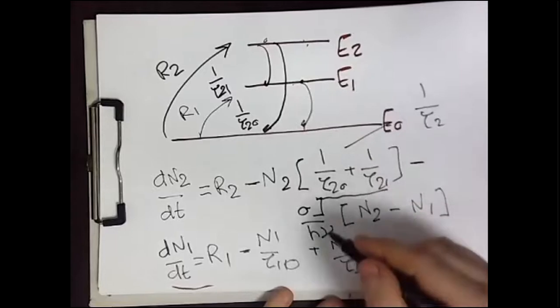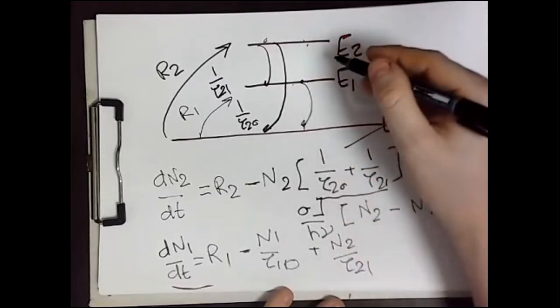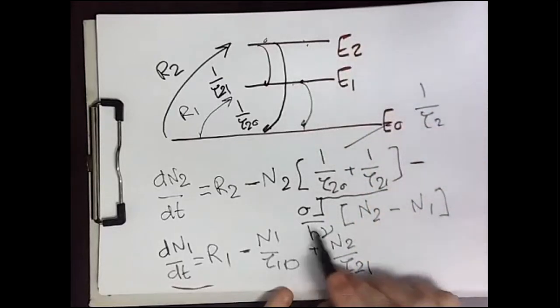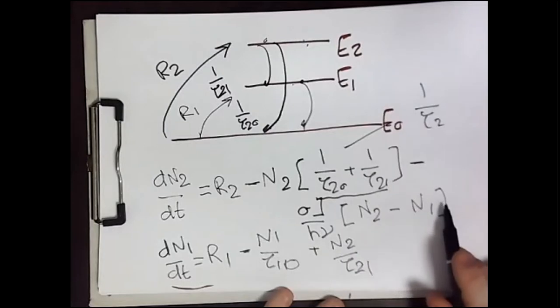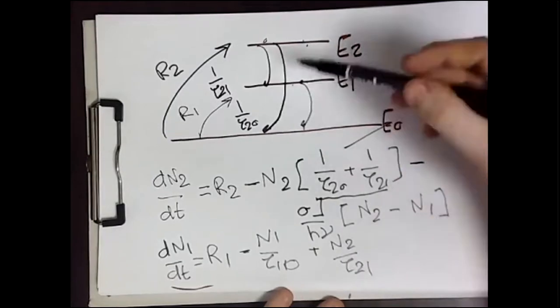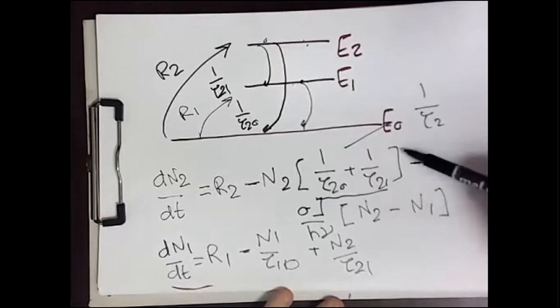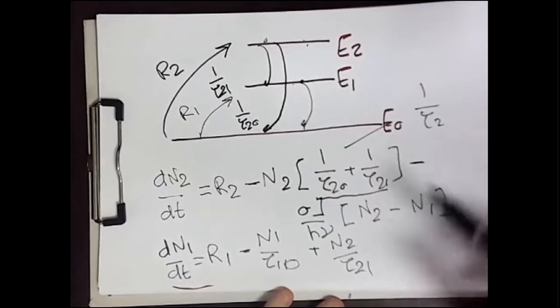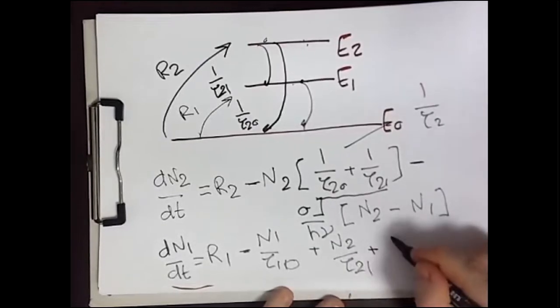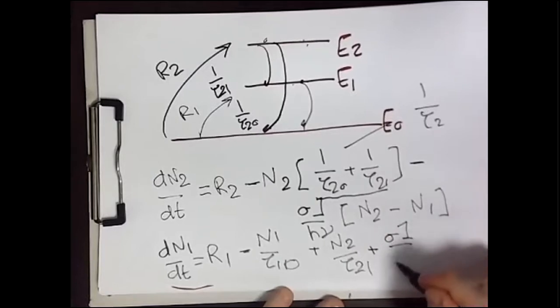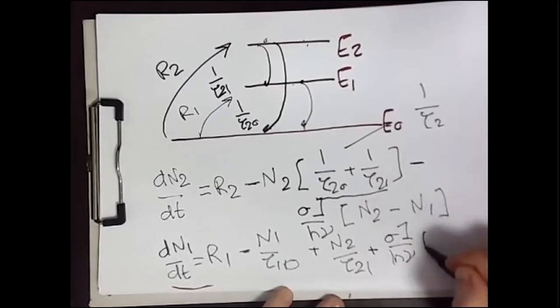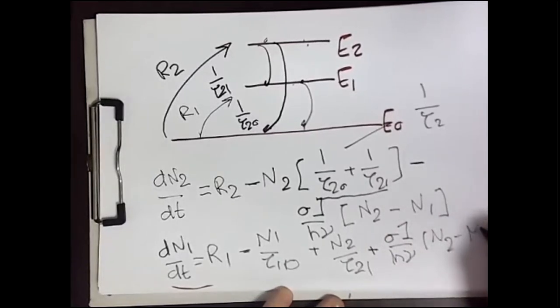And you have also this stimulated emission and absorption term that will have a negative sign with respect to equation number 1. So it will be positive sigma I over h mu, N2 minus N1.